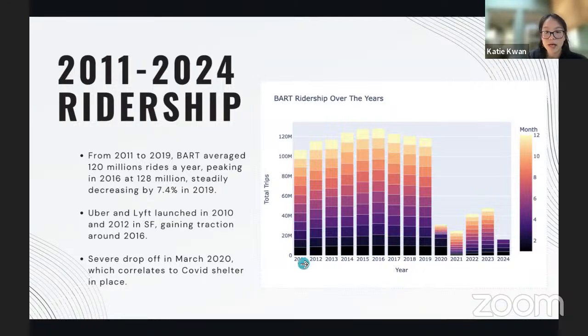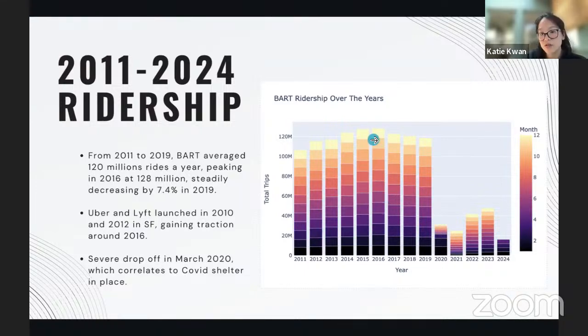Overall, you can see that our volume is increasing from 2011 up until about 2016 at peak, and then it comes back down. I thought it was really interesting that BART was continuing to grow between 2011 and 2016. I'm not 100% sure what the drivers of that growth are, but it was interesting to me that Lyft and Uber launched in the early aughts, and I was expecting to see a drop more immediately.